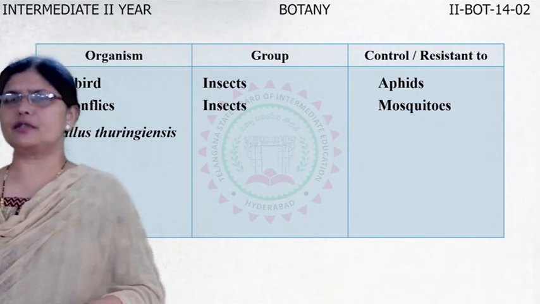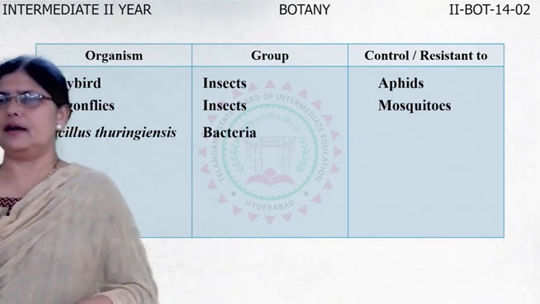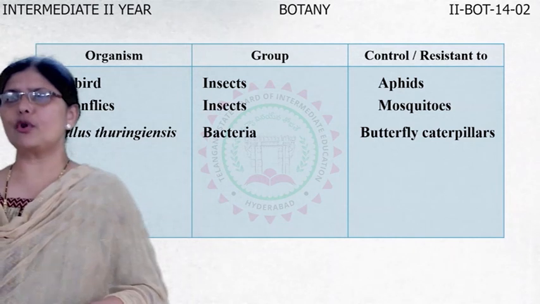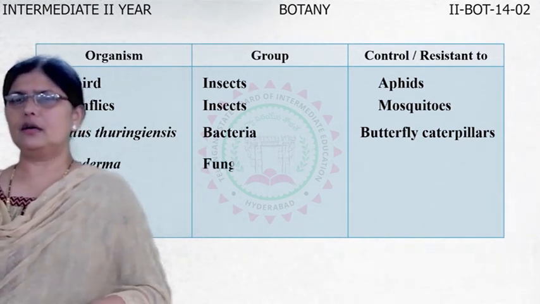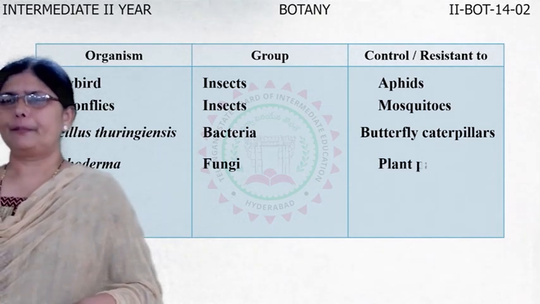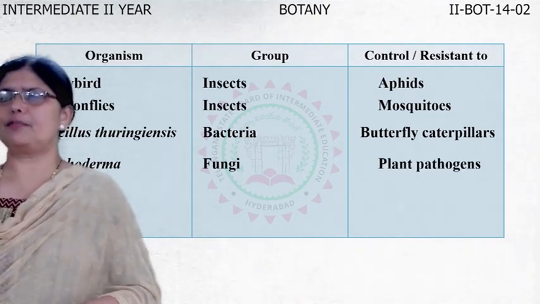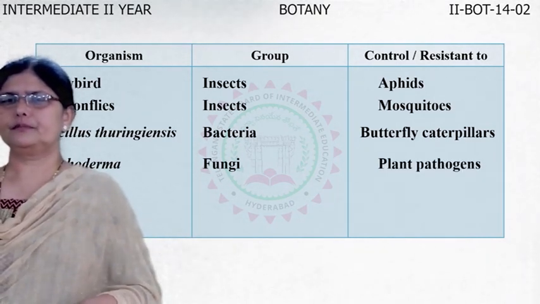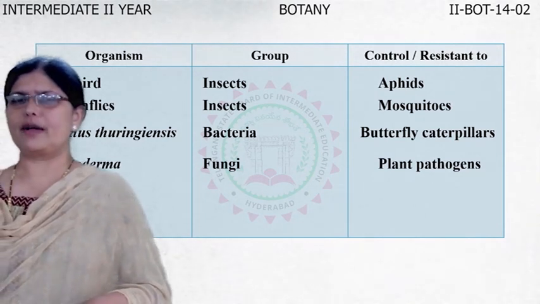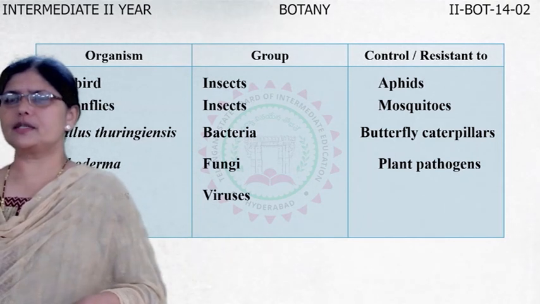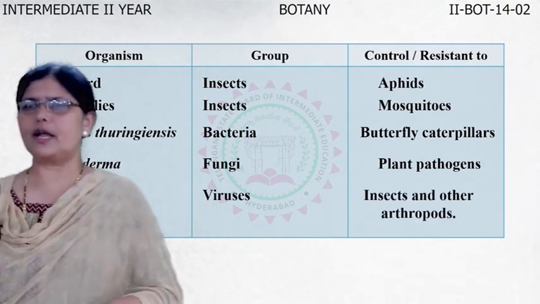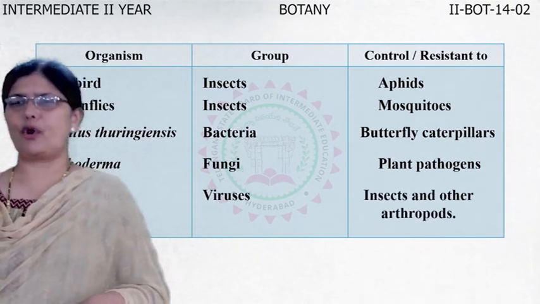Bacillus thuringiensis, which is a bacteria, helps in controlling butterfly caterpillars. Trichoderma, which is a fungus, helps in controlling various plant pathogens. Baculoviruses, which are viruses, help in controlling insects and other arthropods.